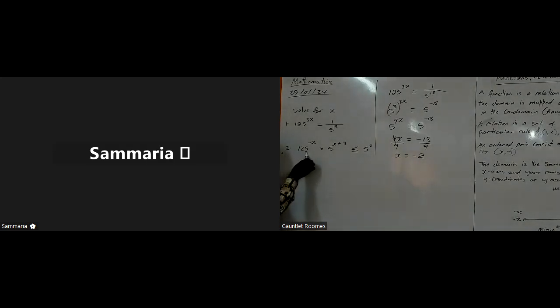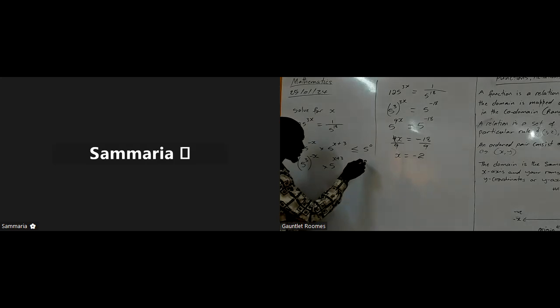And since 125 is raised to the power of negative x, we have to raise that to the power of negative x. So we have 5 to the power of 3, all raised to negative x, times 5 to the power of x plus 3, less than or equal to 5 to the 0 power.